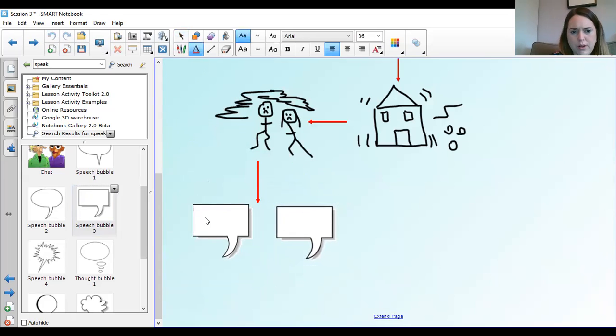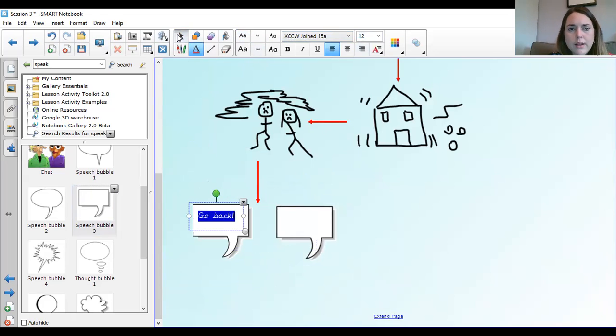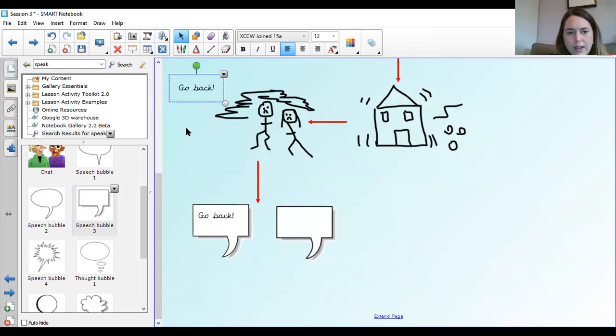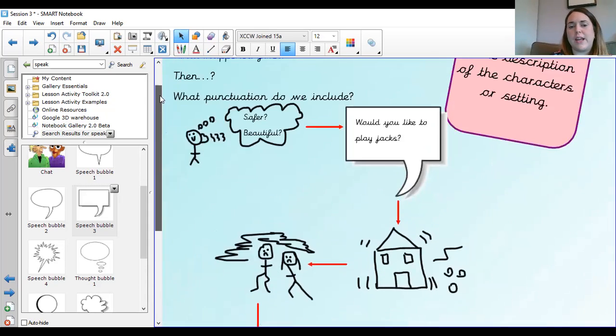In one of them, I'm going to write, go back. Yeah, fit in. There we are, go back. And then the next one's going to say, run to the harbour. Okay, and I'm going to stop there. I'm not going to draw the whole story map, but hopefully that gives you an idea.